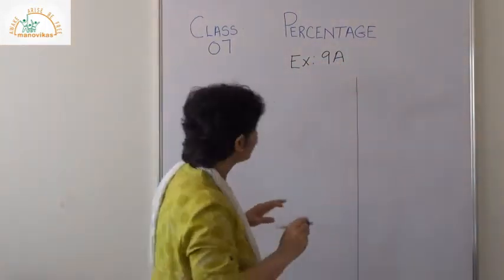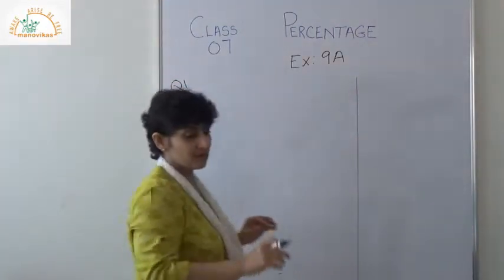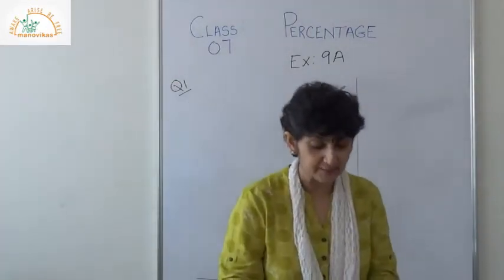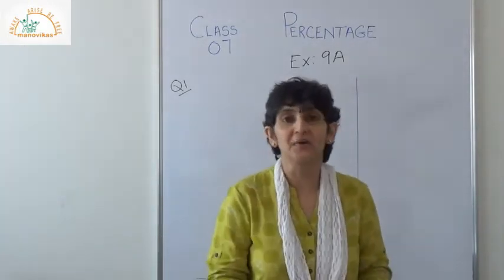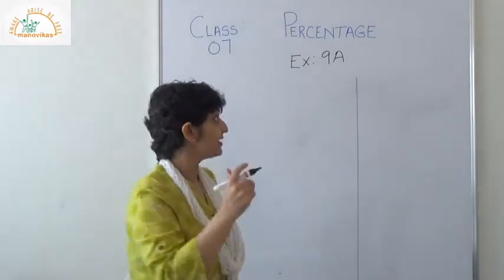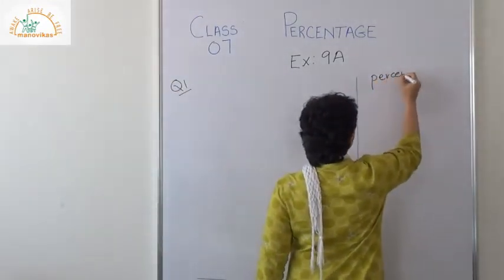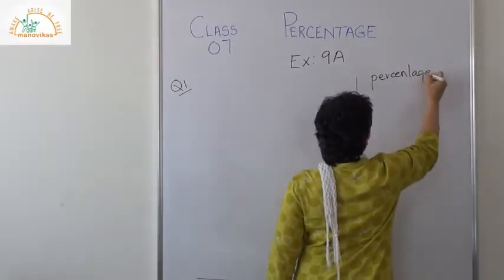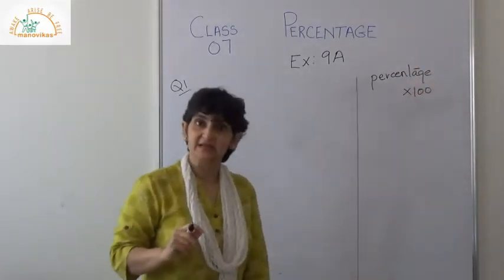Exercise 9A, question 1. What does question 1 say? Express each of the following as percent. Now children, when they ask you to find out the percentage, you are going to multiply it with 100. Is it clear?